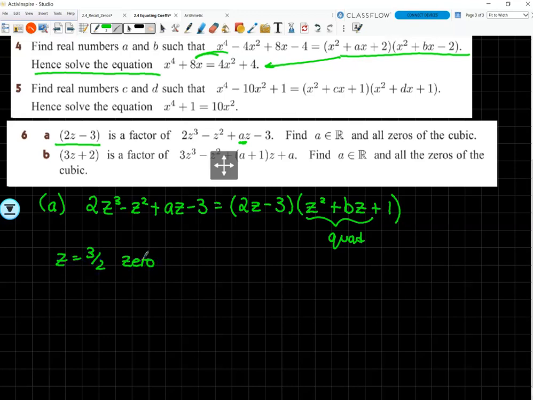And so, what does that mean? That equation has to equal 0 when you replace z with 3 over 2. So if you sub 3 over 2 in place of z here, it has to equal 0.